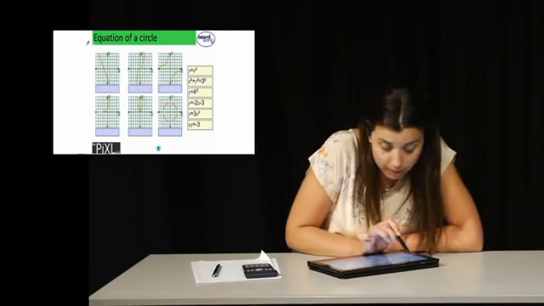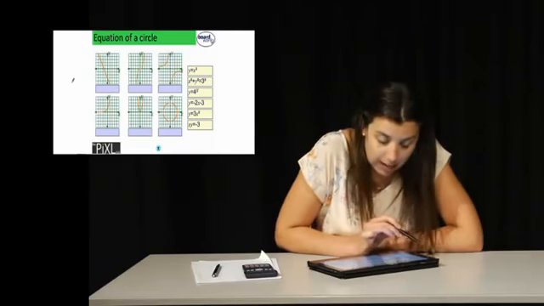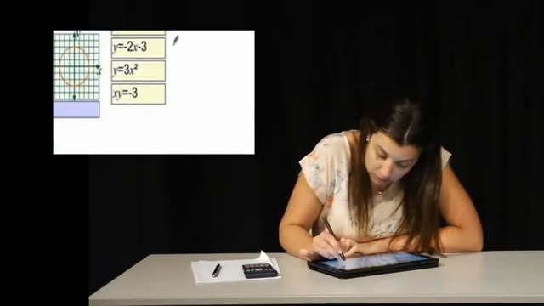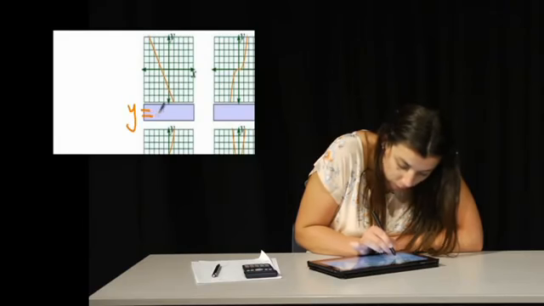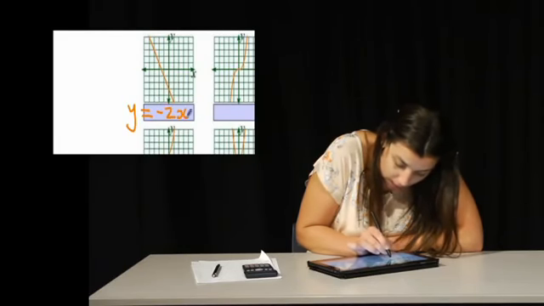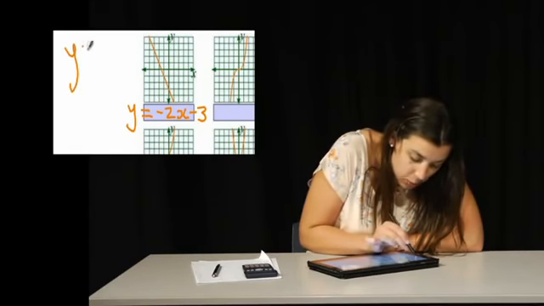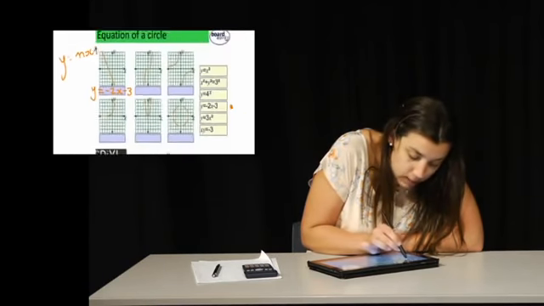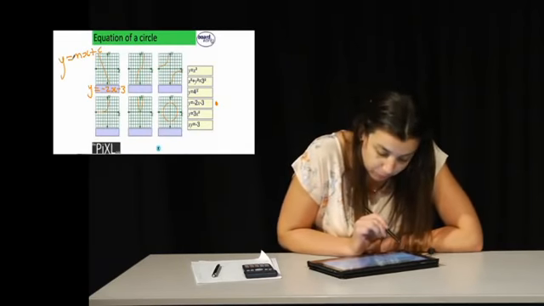If you start off here on the left, it's going down. It's the only linear graph and it has a negative gradient. It is going to be this one. So let's write in y equals negative 2x minus 3. This topic here is the y equals mx plus c. That's linear graphs if you want to revise that.